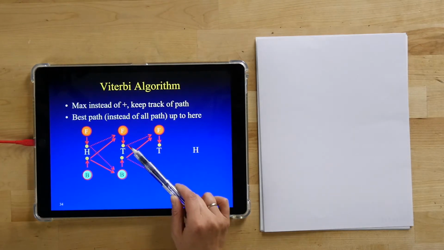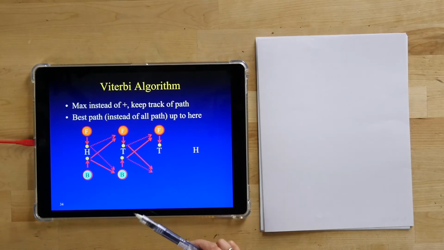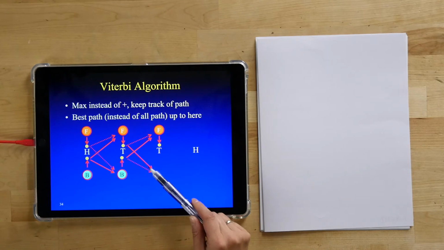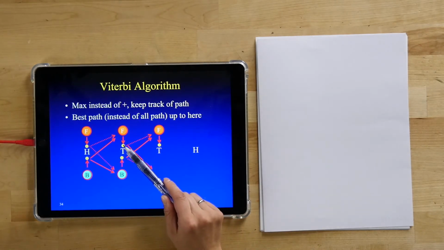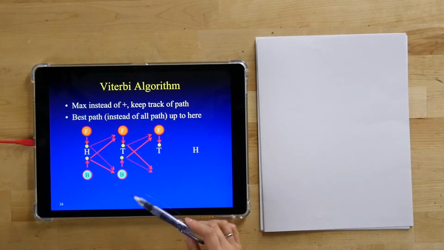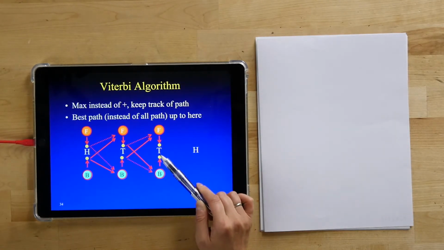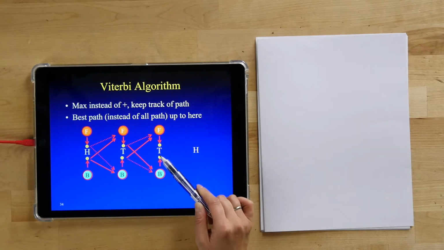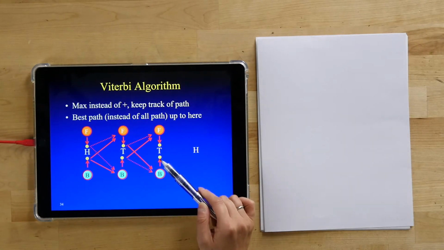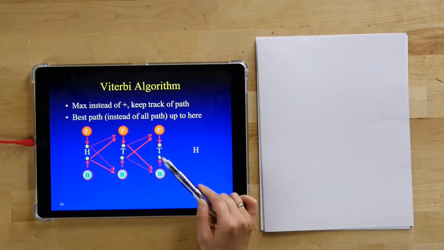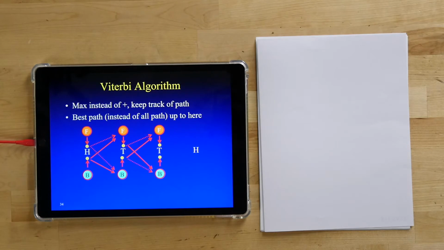And so you compare these two paths, and you ask which one has a higher number, and I'm going to pick the one that's better. And so I know, okay, I'm going to come from the fair coin to get here, and now that I'm in a bias coin, I need to use this to emit a tail. So that's an emission probability from bias to tail, and that gives me the new delta of bias coin for the third coin flip, which is a tail in here. And we keep going, right?